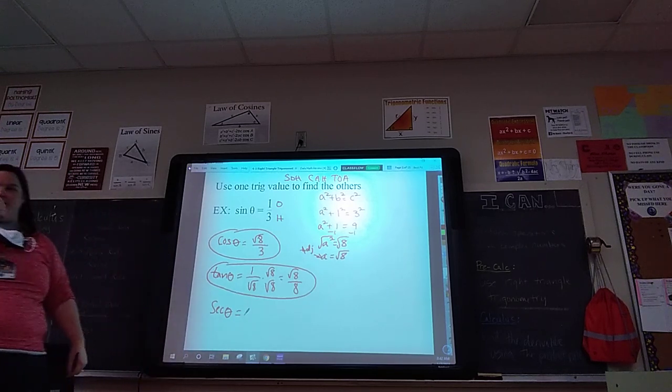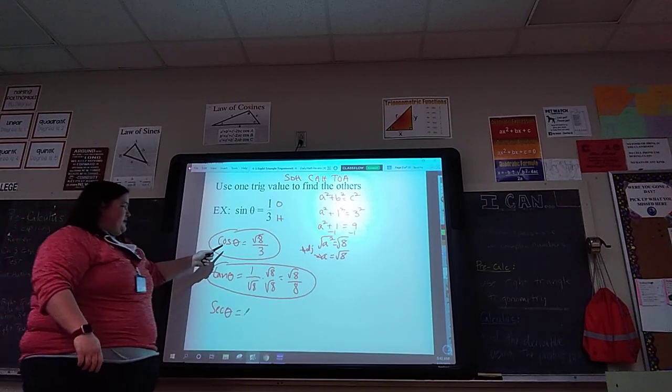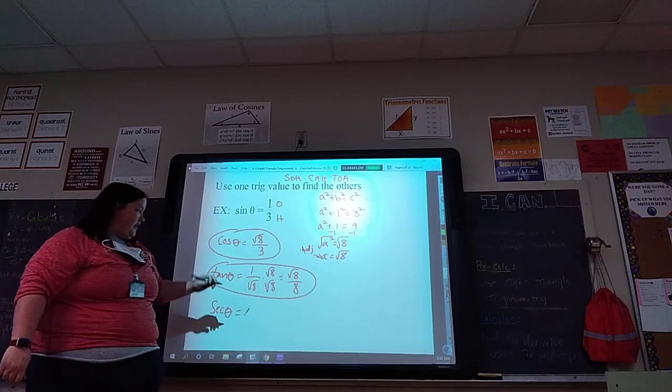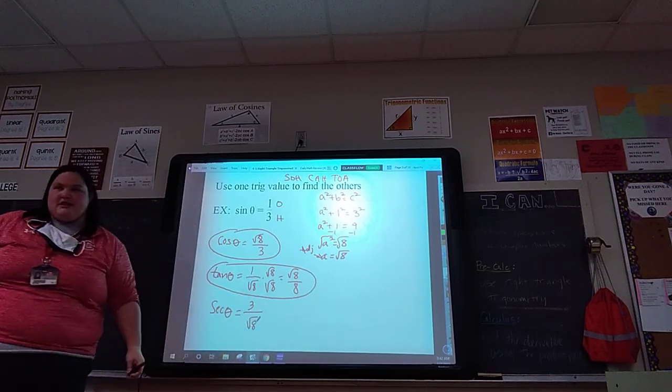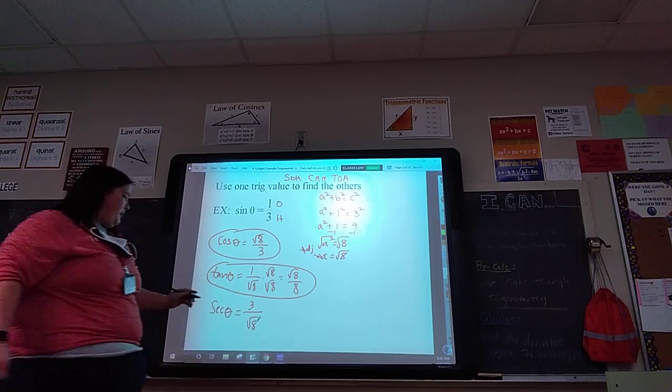I wrote secant. What's secant the reciprocal of? Cosine. Yep, I switched it over. Usually I write cosecant next, but I wrote secant. So it's going to be the reciprocal of cosine. So we're going to flip cosine because it's hypotenuse over adjacent. I did that on purpose because then with this one, do we like the square root of 8 on the bottom?